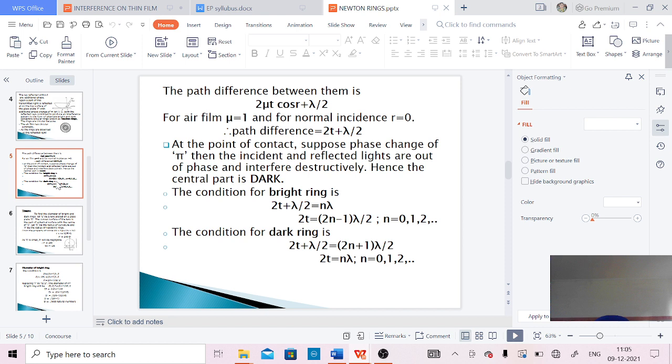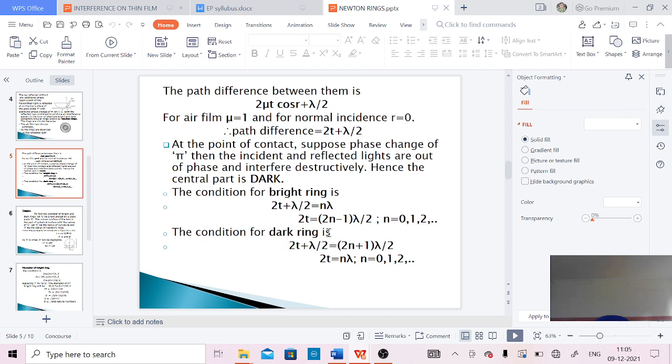Now the condition for bright fringe and dark fringe. Fringe here means Newton's rings, so bright rings and dark rings. The condition for a bright fringe is that the path difference equals an even integral multiple of lambda by 2, and for a dark fringe it equals an odd integral multiple of lambda by 2, that is (2n plus 1) lambda by 2.